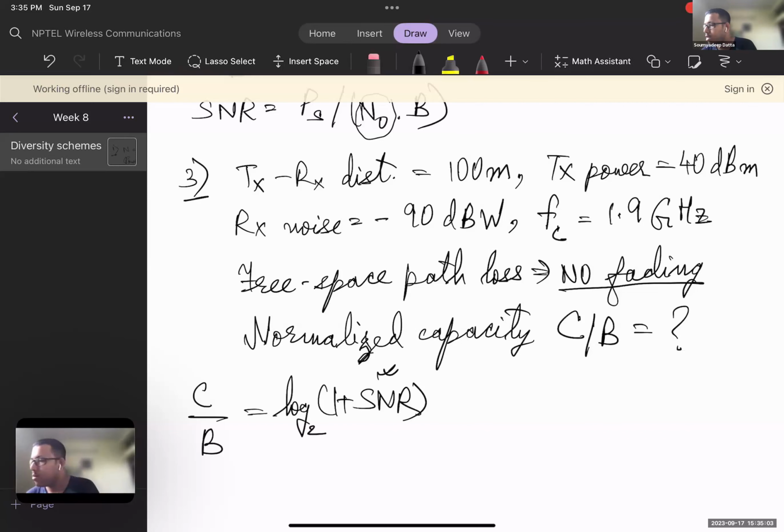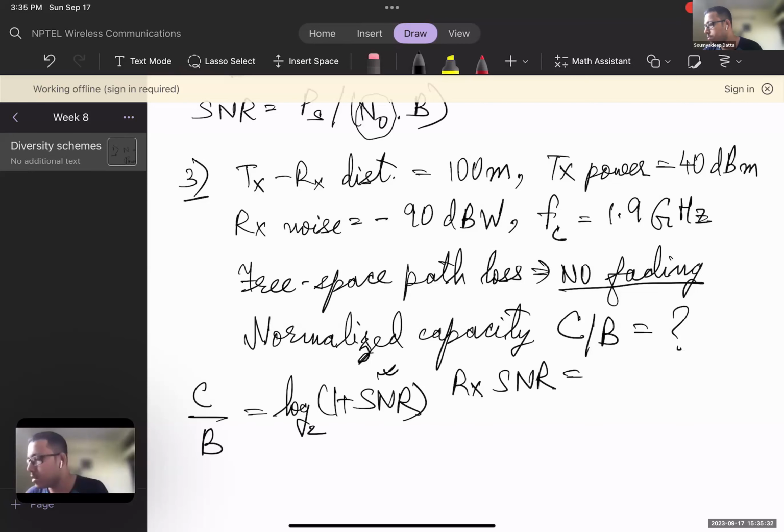So we can easily do it in dB. When I'm calculating capacity, I will always calculate it based on the received SNR. Transmit SNR will always be full, but received SNR is what is important.